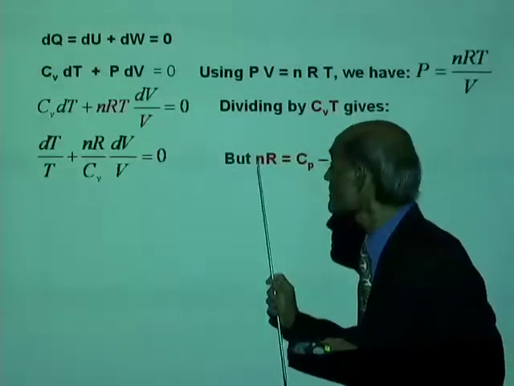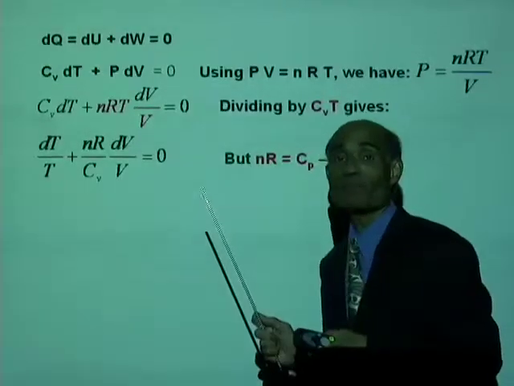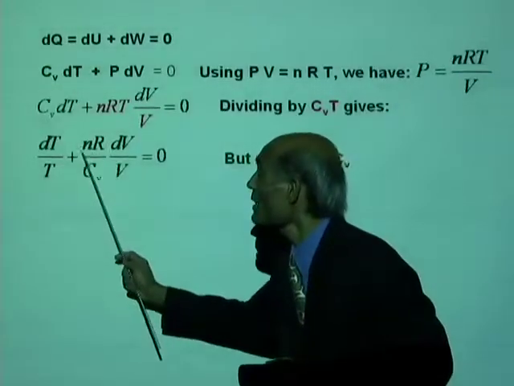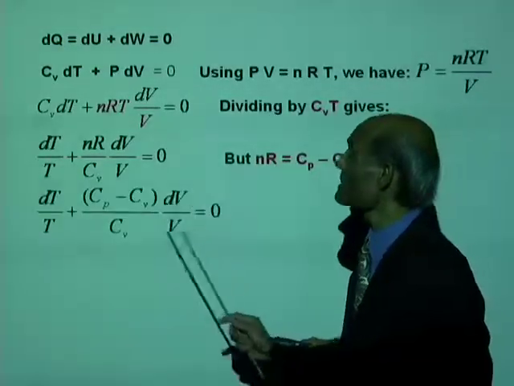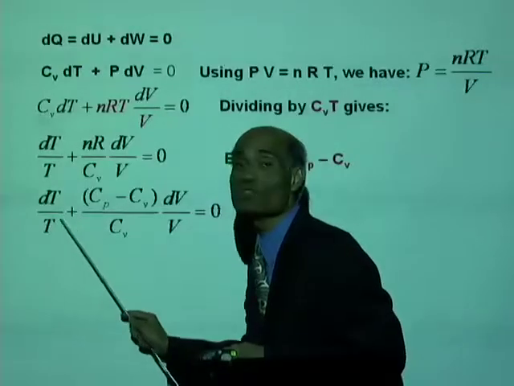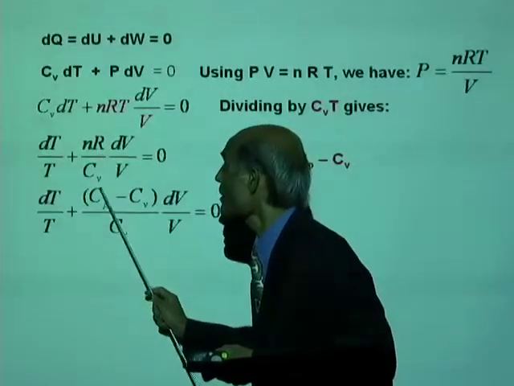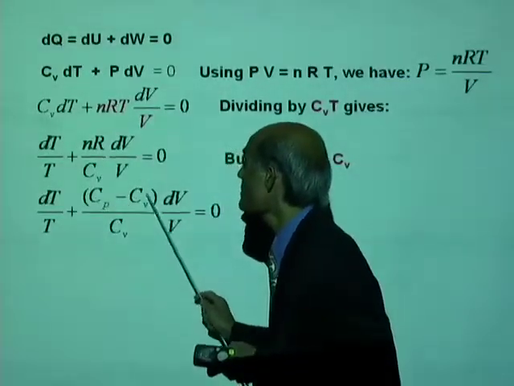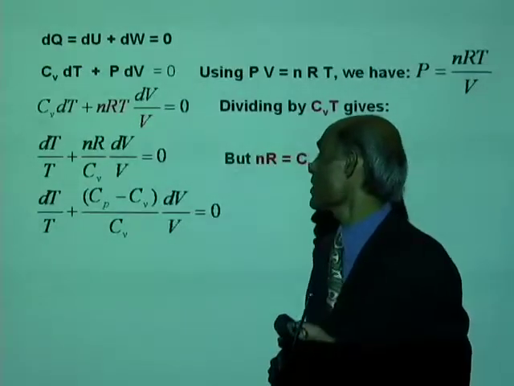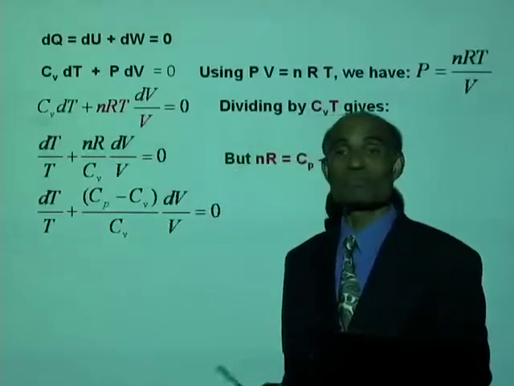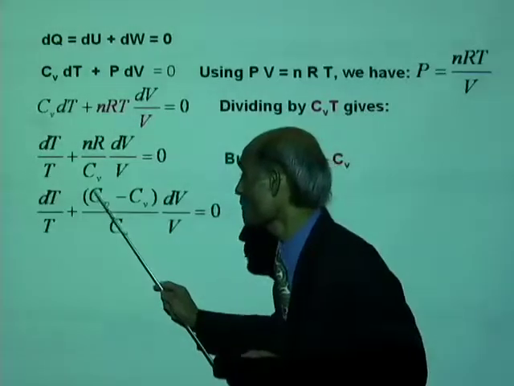Cp minus Cv equal to nR. And so this nR can now be replaced by Cp minus Cv. We have dT over T plus (Cp minus Cv) divided by Cv times dV over V equal to 0.